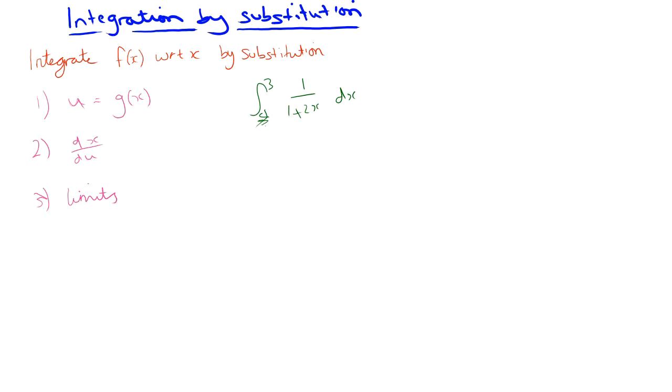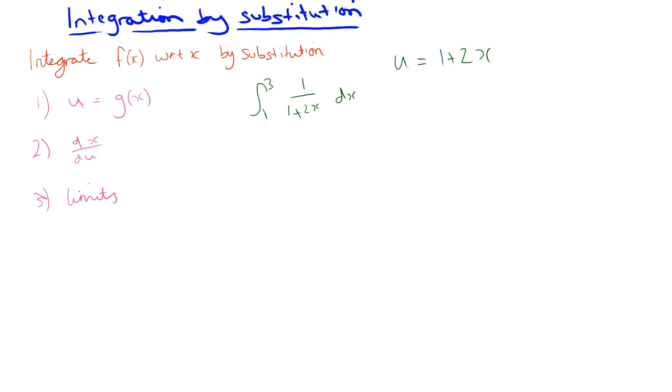So we're going to pick our u to be 1 plus 2x. If we pick this function for u, then that will simplify our original integral enough that we can integrate easily.